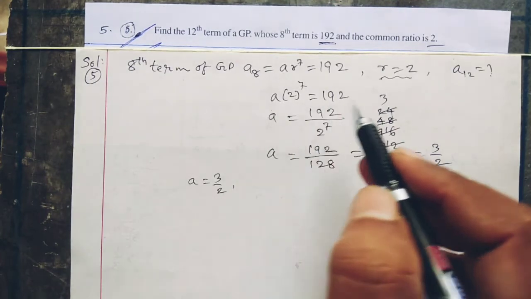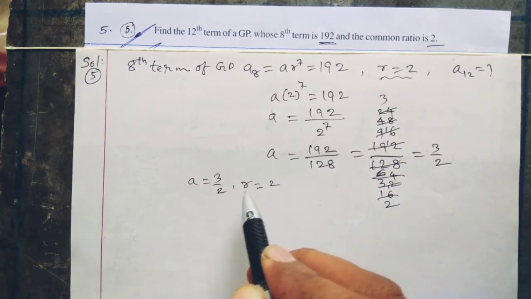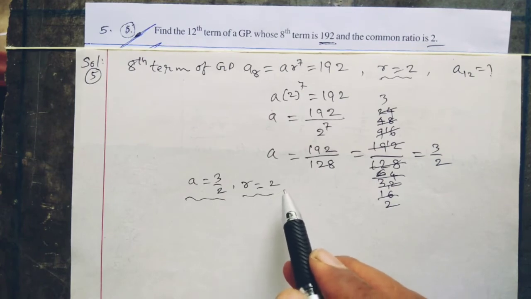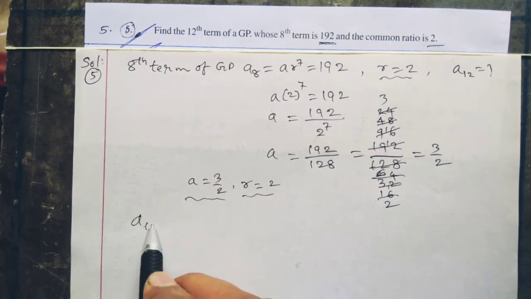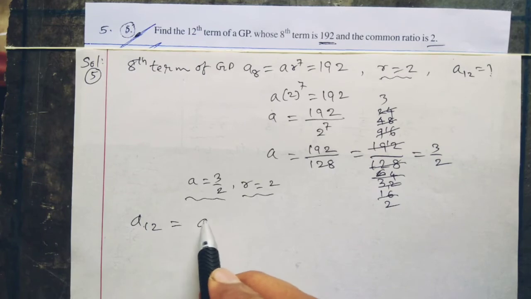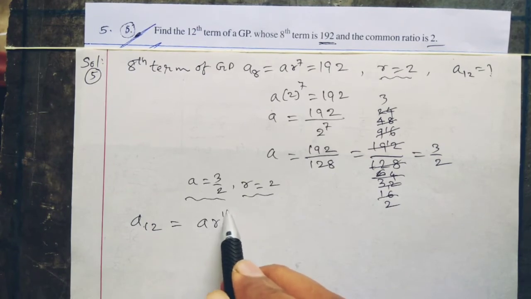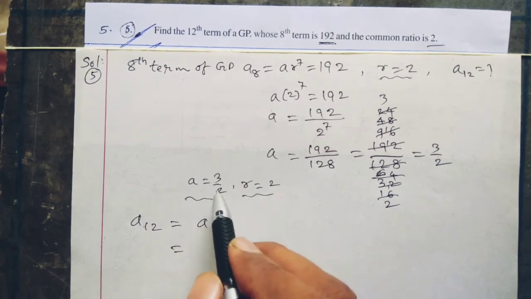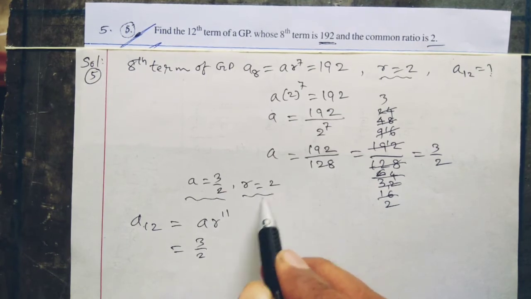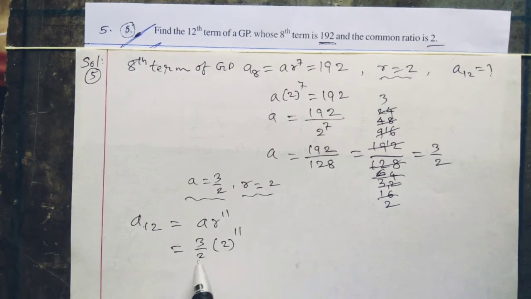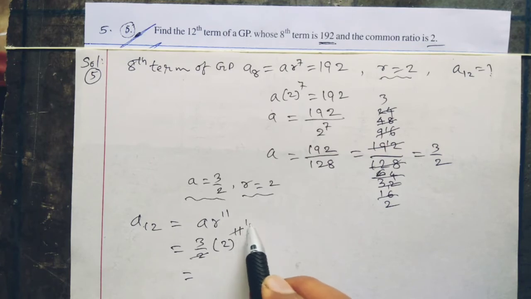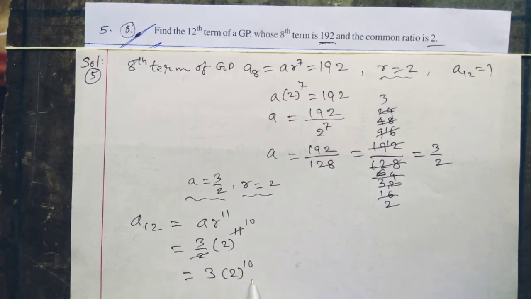R is equal to the given 2. So based on these values we can find A12. A12 is the 12th term, A12 is equal to A r to the power of 11. In place of A we substitute 3 by 2, in place of R, 2 to the power of 11. Here 2 for 1 cancels, giving 3 into 2 to the power of 10. This is the answer.